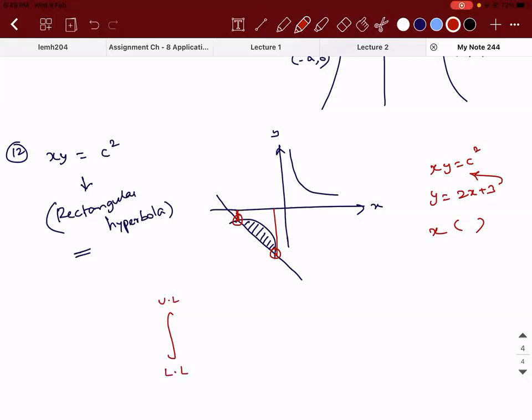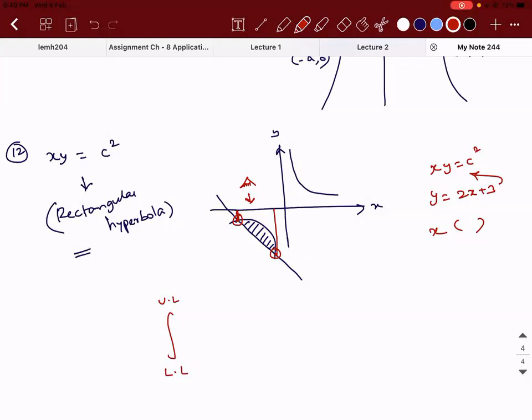Even if it is a line, see, a line also counts as a curve. When you see it from the top of the x-axis, which one is above and which one is below?